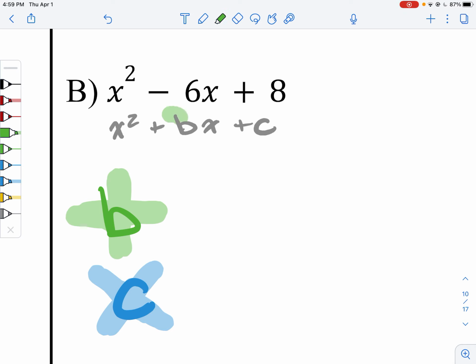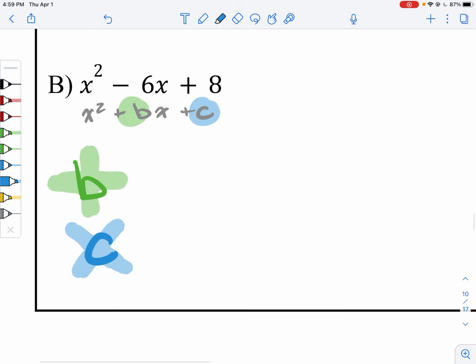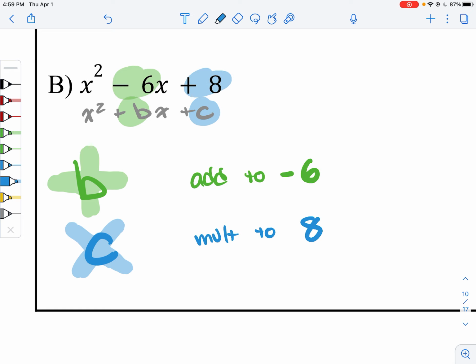What adds to b and multiplies to c? So if you just want to ask yourself, hey, self, what two numbers add to -6 and multiply to 8? If you can look at it and figure it out, that's fine. All the power to you.